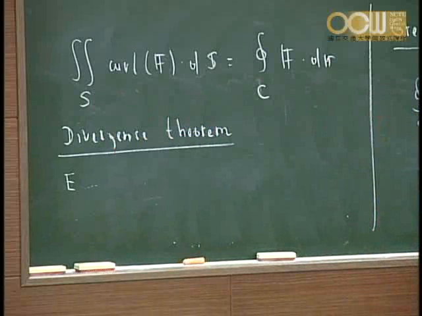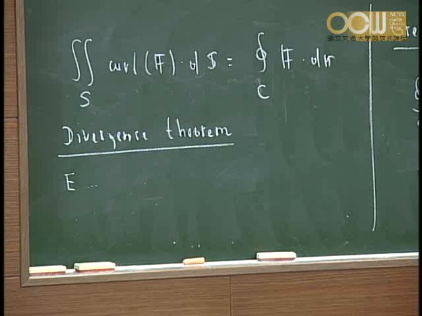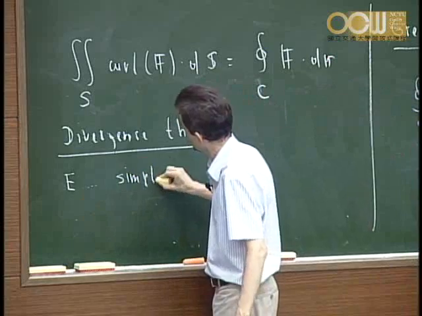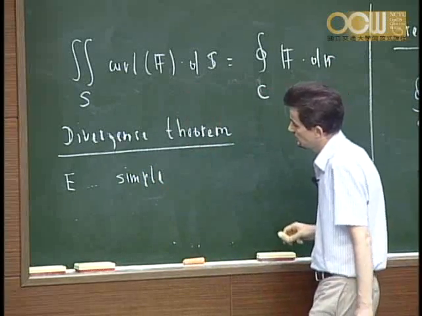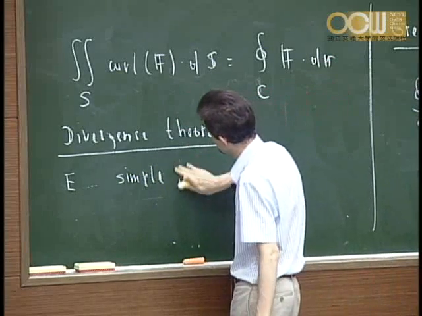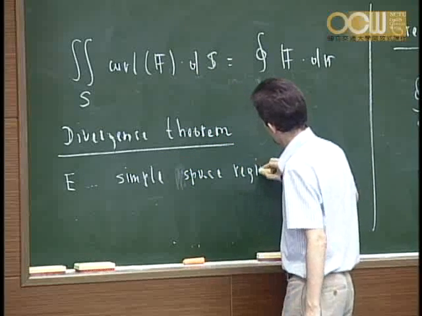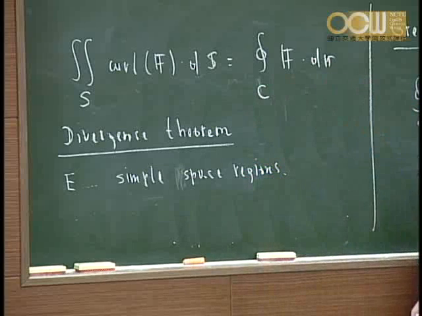It's like here for D: we couldn't allow anything, because D in the simplest form of Green's theorem does not have any holes, it is simply connected. So here it is similar. So we introduce so-called simple space regions. Now you can think about simple space regions, simple solids.